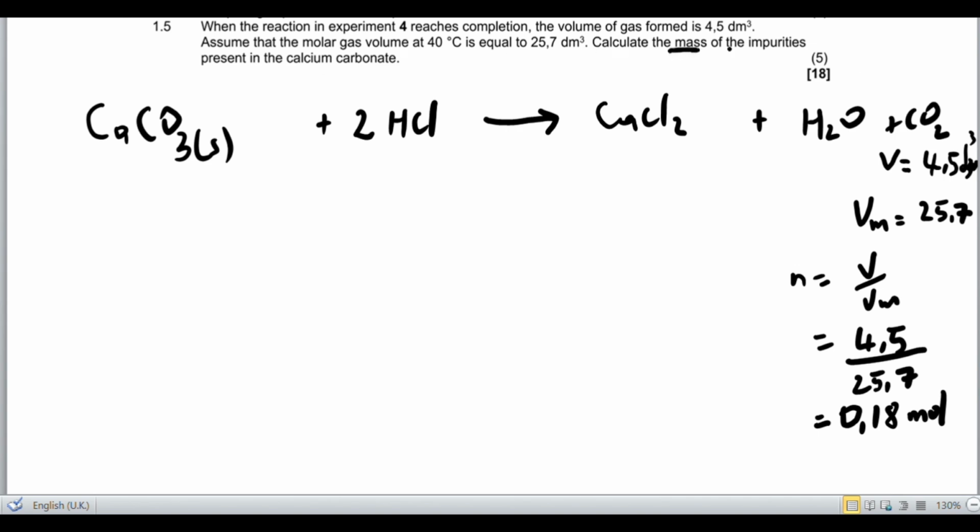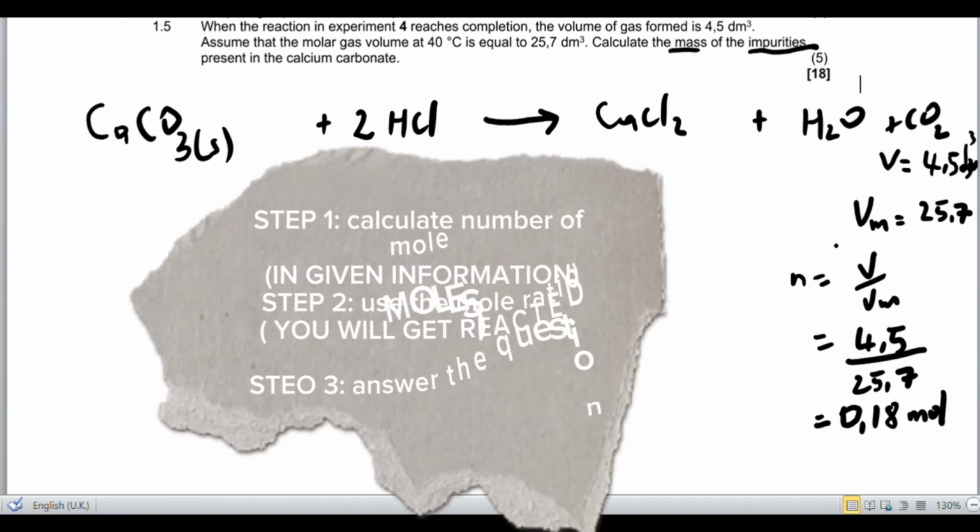Calculate the mass of impurities. What we do when they want the mass of impurities: we are going to use the number of moles to get the number of moles of this one, then we calculate the mass there. Alright, the first step in this question is to calculate the number of moles.